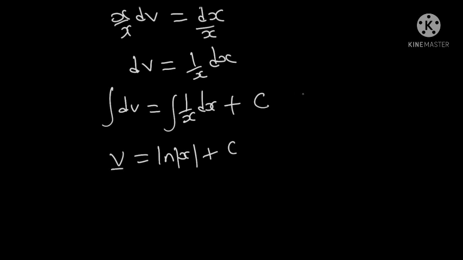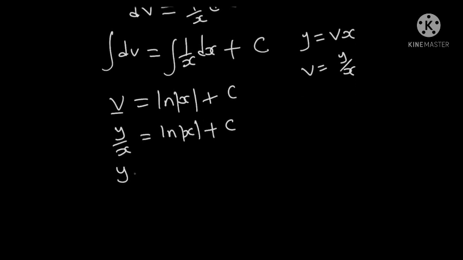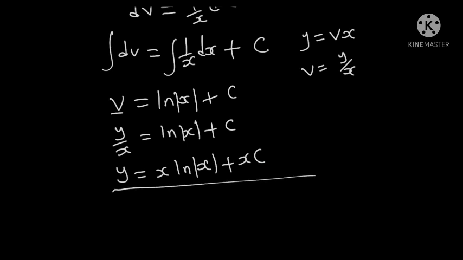But from our substitution, y equals vx, therefore v equals y over x. So we have y over x equals ln x plus c. We can multiply all terms by x, so we have y equals x ln x plus xc. And this is the required solution.